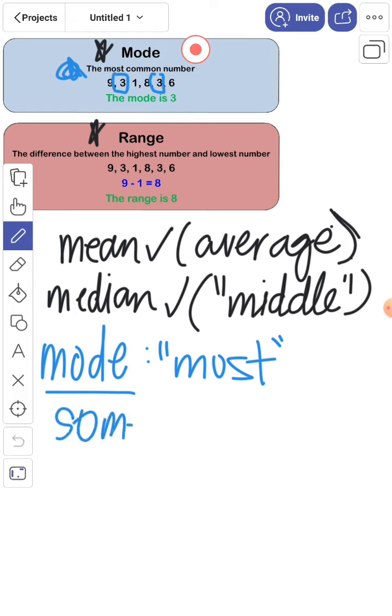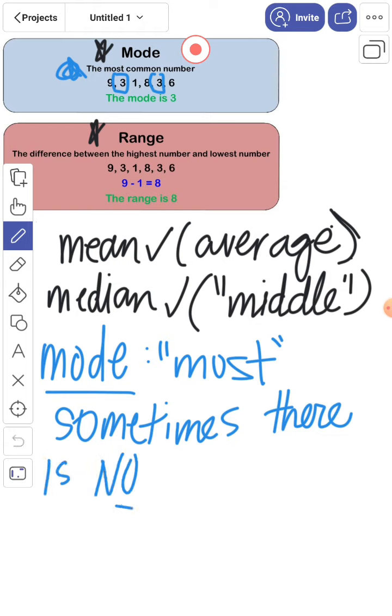Sometimes there is no mode. Here's an example.